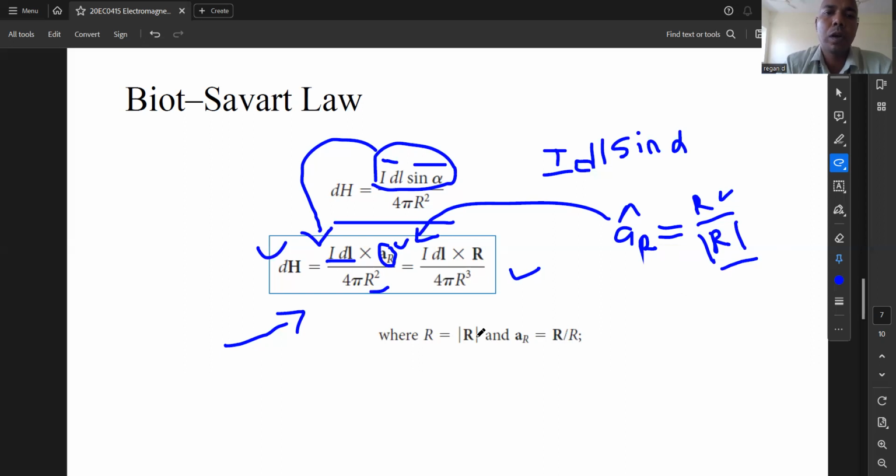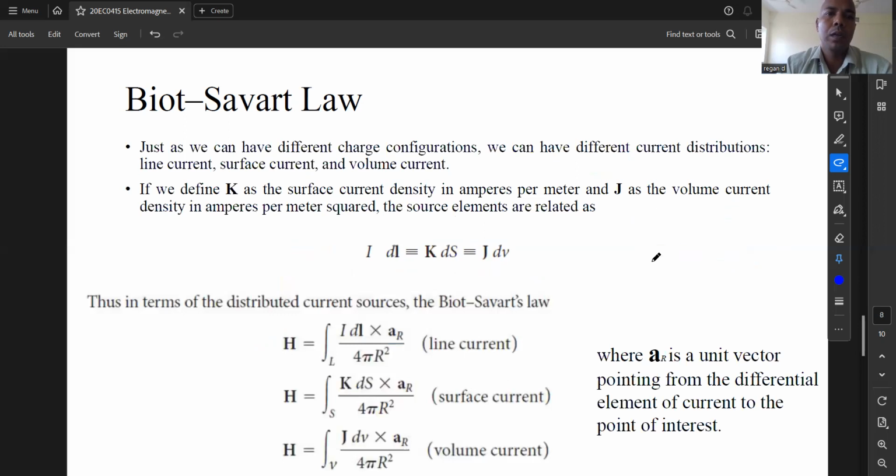We can extend this Biot-Savart law in a different way, like what we discussed for charge distributions. In electrostatics, we have seen charge distributions in different ways: point charge, line charge, surface charge, and finally volume charge distributions. In the same way, here also we have different current distributions: line current, surface current, and volume current.